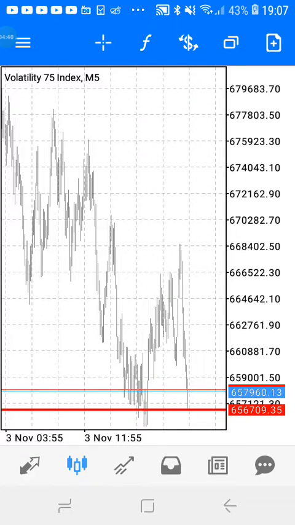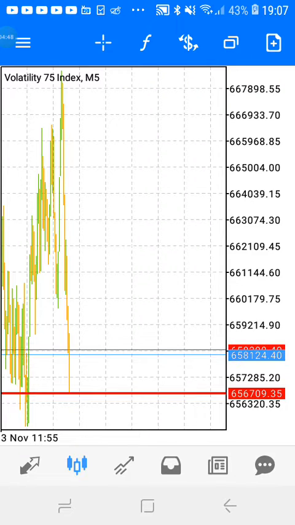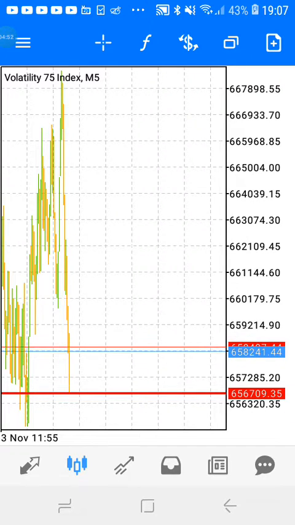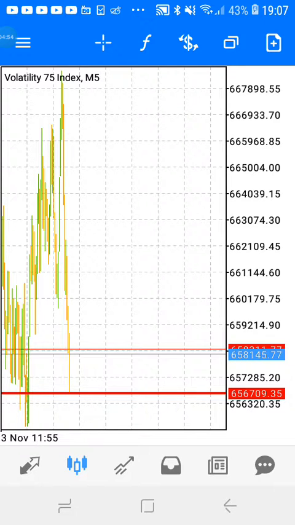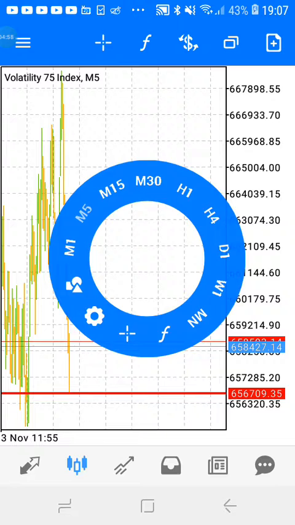You can see the whole picture here. But if you drag it on your left side, you can see that it's almost going to oversold.